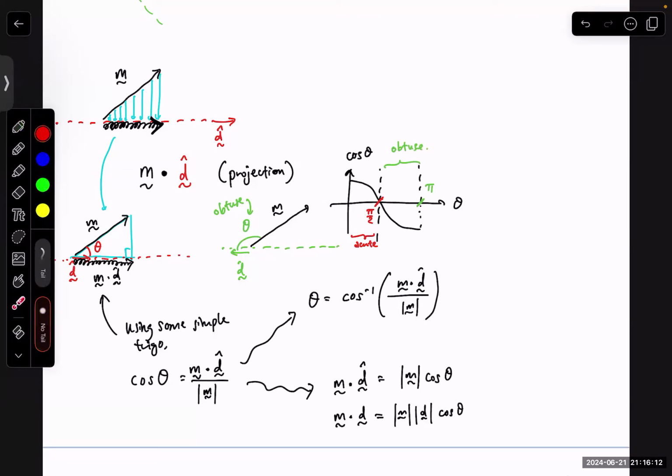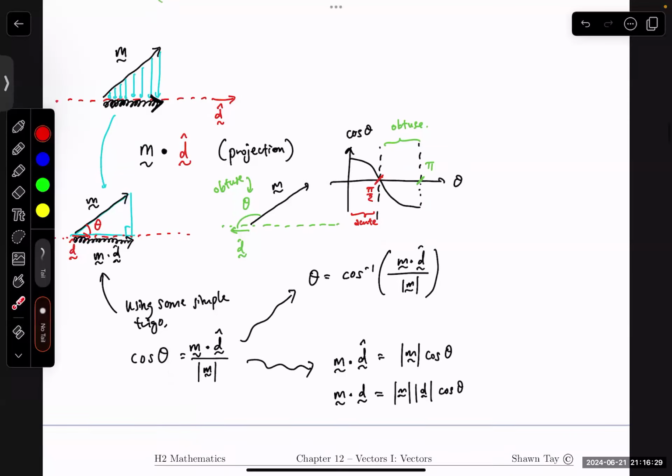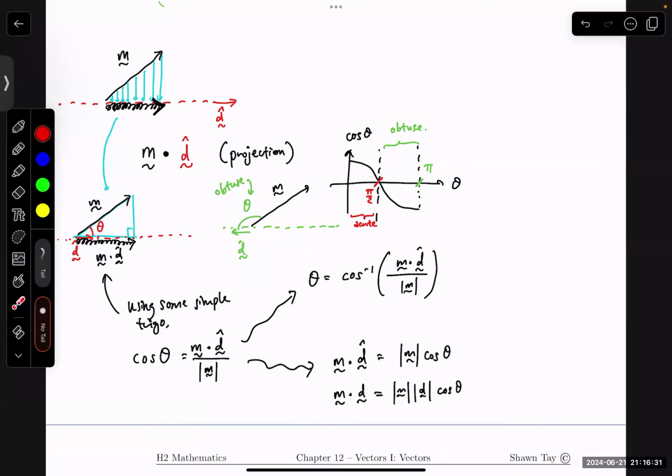When we have cosine of an acute angle, it's going to be positive. When we have cosine of an obtuse angle, it's negative. Okay, so when we do cosine theta and theta is acute, we get a positive number.